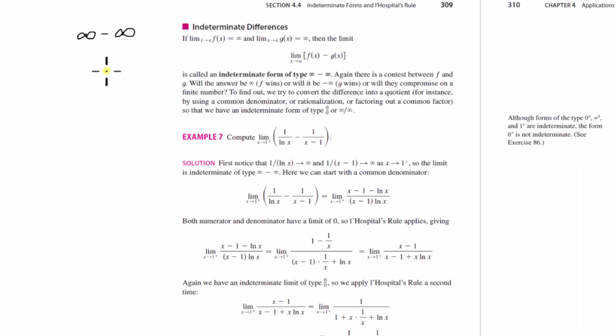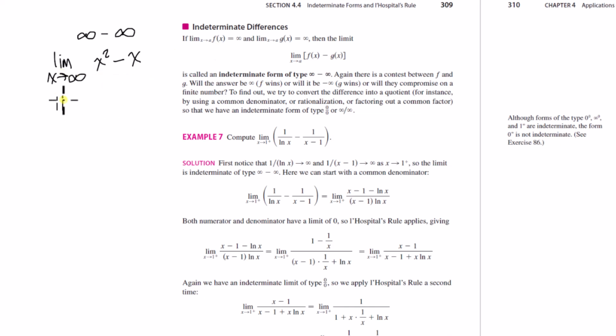And we saw there were examples like the limit as x approaches infinity of x squared minus x. Right? That's infinity minus infinity, indeterminate. We did an example like this in Chapter 2.